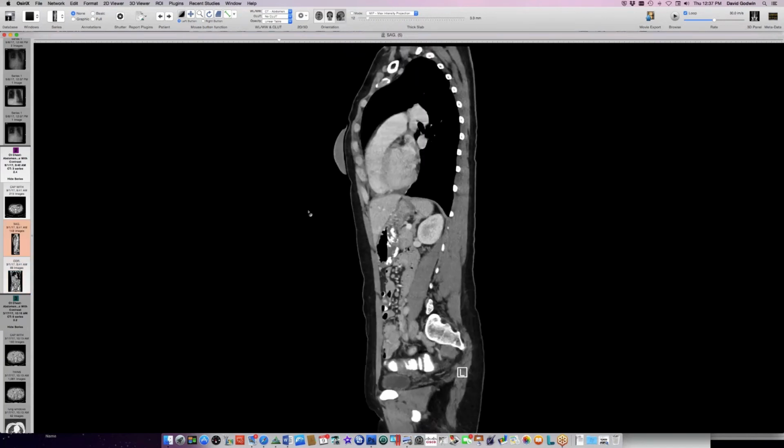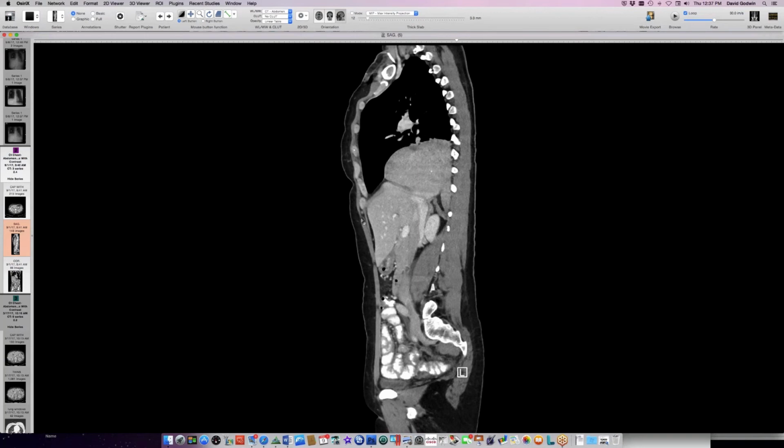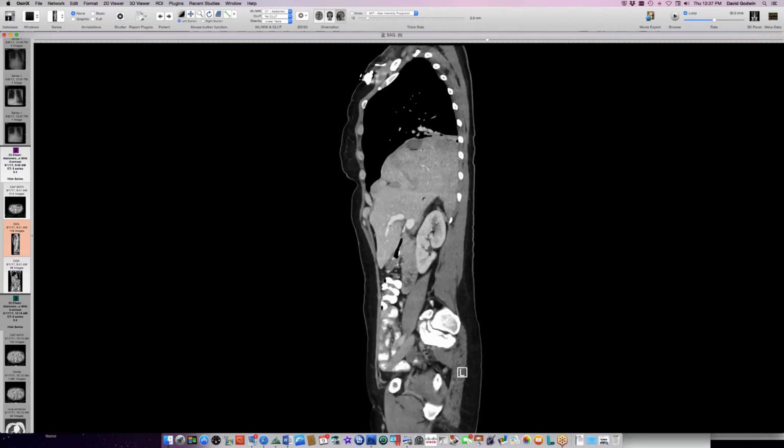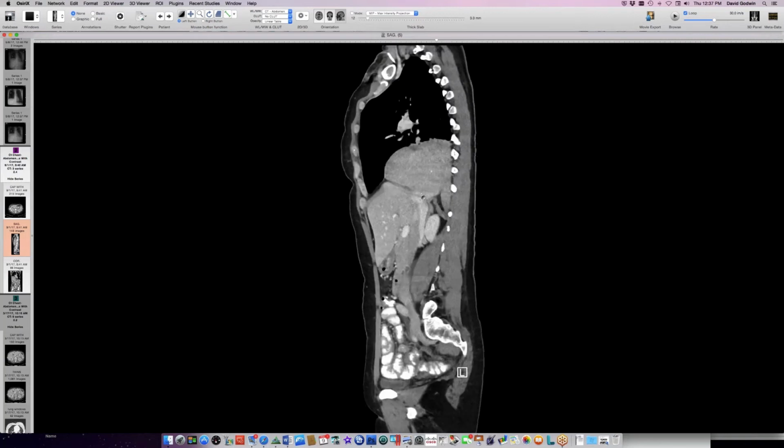I'll show it to you on sagittal view, because I know you don't believe me. So we got this big mushroom here of liver above this defect posteriorly here. So this was a diaphragm hernia caused by treatment of hepatocellular carcinoma. And so she had a patch placed to cover this defect.